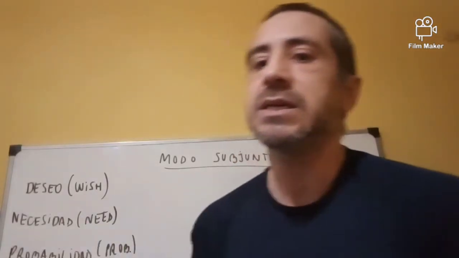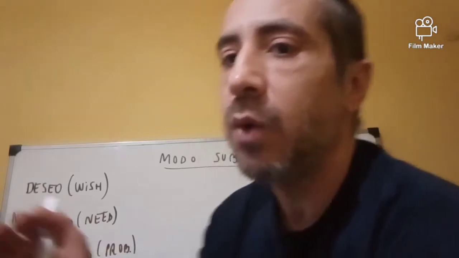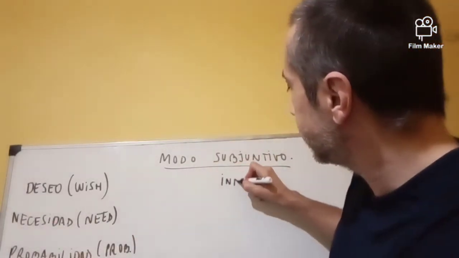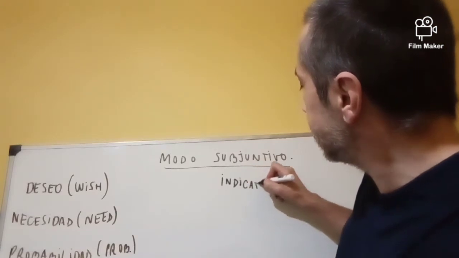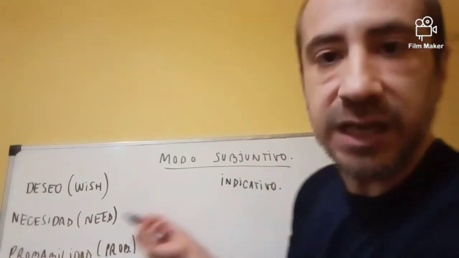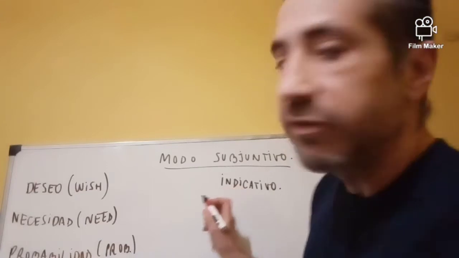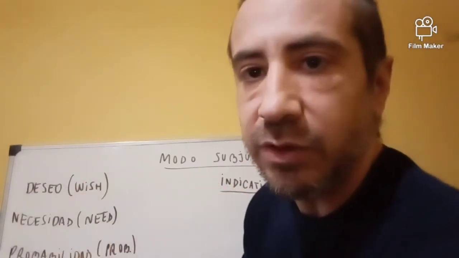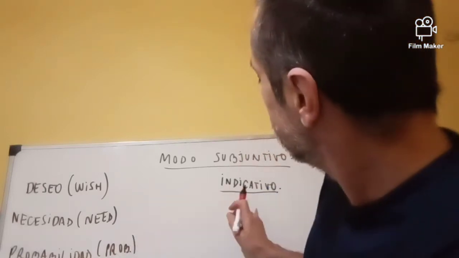When we assert something, when we are talking about something that has actually happened or something that is for real, we use our modo indicativo. You already know this, as in English, for example. In English, you use this modo indicativo very often.